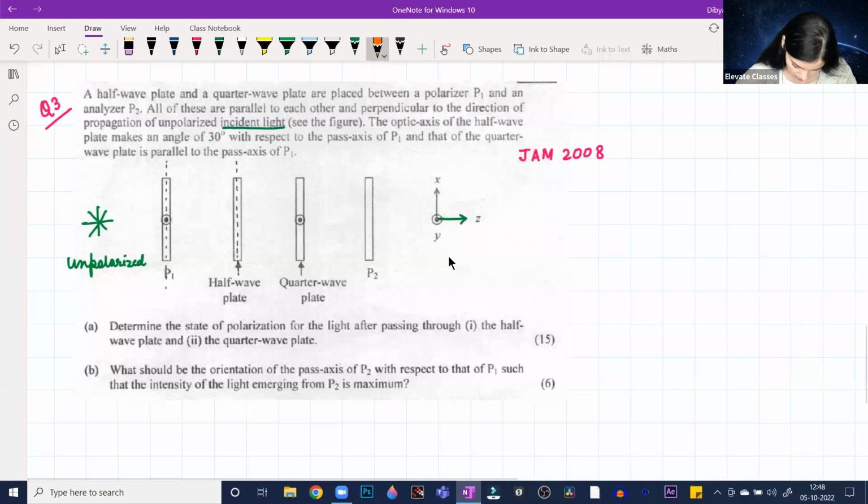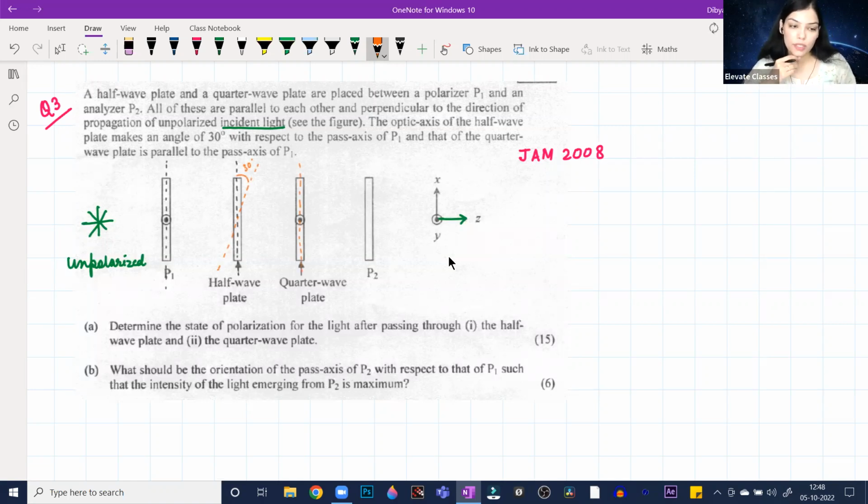So it is something like this, that it's making a 30 degree angle. Okay. And the quarter wave plate is parallel to the pass axis of P1. So quarter wave plate का pass axis यही दिया है. It's parallel to P1. So this is the configuration that is given.